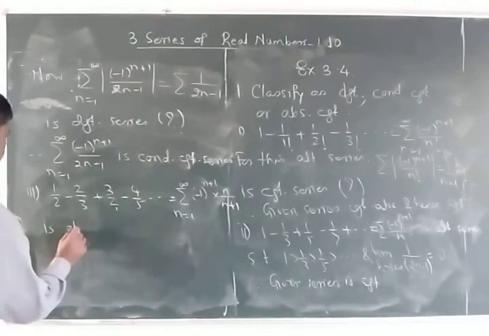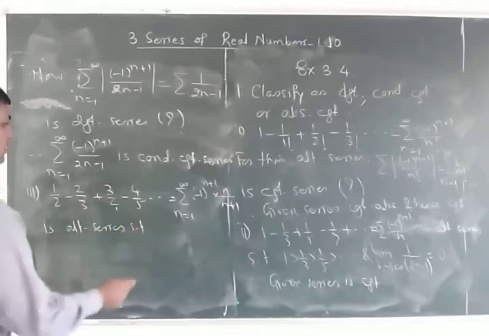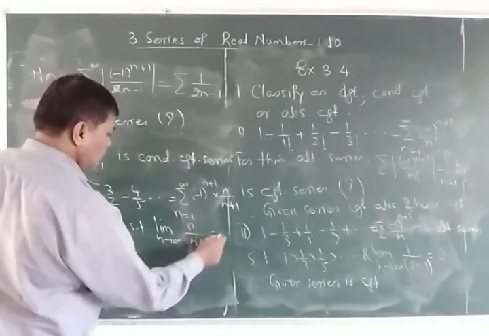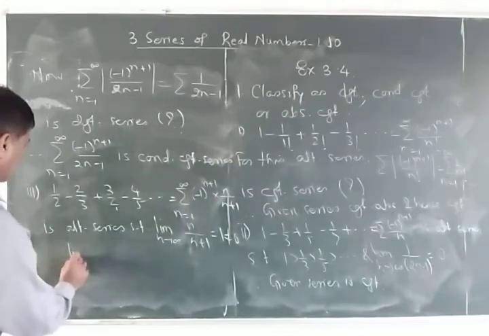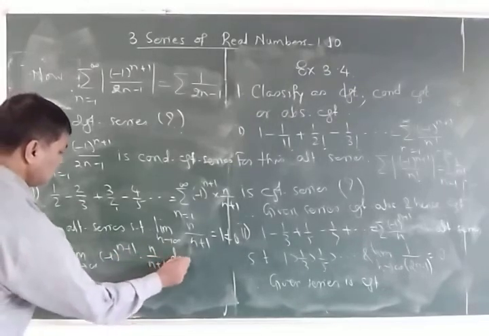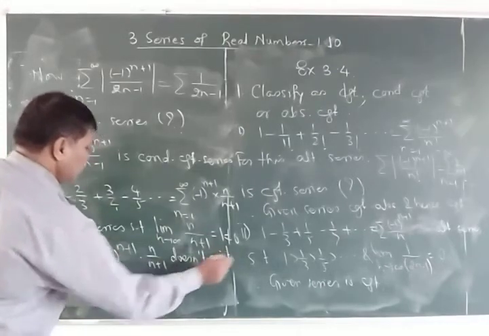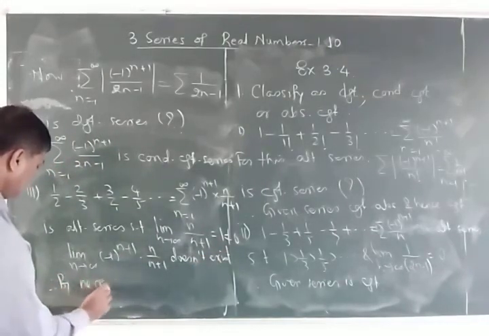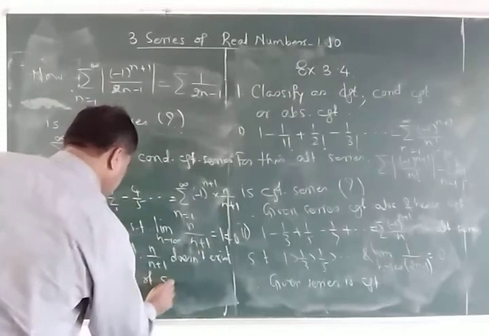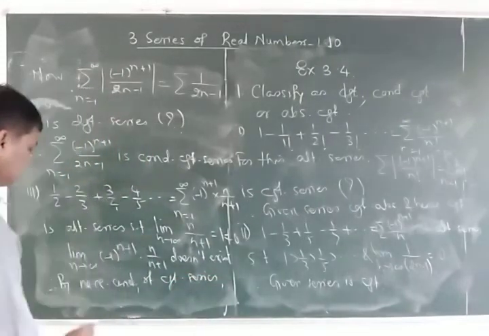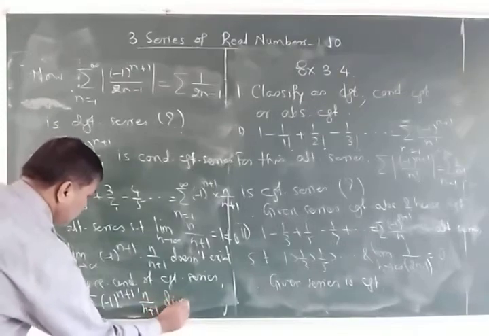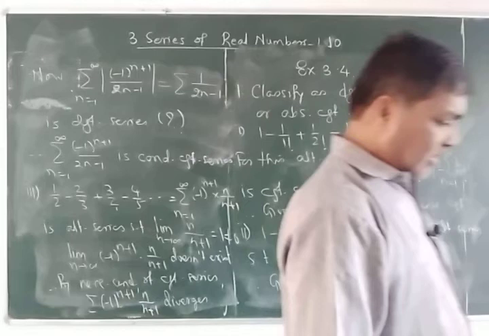It's an alternating series such that limit of n tends to infinity of n upon n plus 1 is 1, not equal to 0, and therefore the limit of the nth term does not exist, and therefore by the necessary condition of convergent series, summation of minus 1 raised to n plus 1 into n upon n plus 1 diverges. This series is divergent.